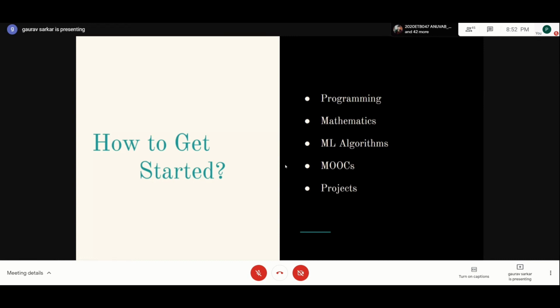Many of you were also asking about the programming language. For starting, the programming language is not that important. Eventually, I will tell you, Python is the most recommended language. It has quite a large number of libraries, and it will really help you in your ML journey. But you are not limited to Python.